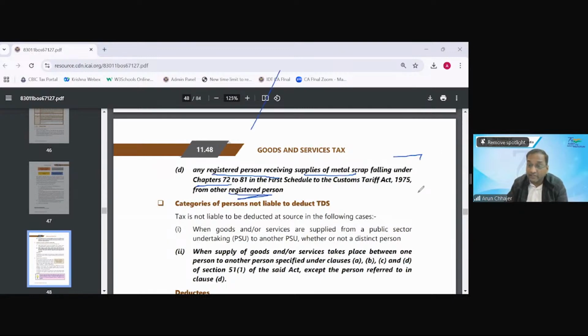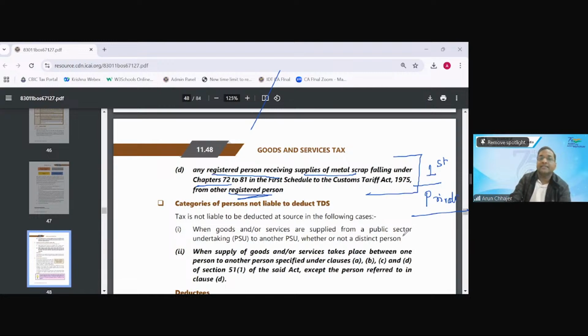This is the first time it has been made applicable to private persons also. Before this amendment, TDS was applicable only when the recipient was central government, state government, government agency, societies, or bodies set up under an act of Parliament.